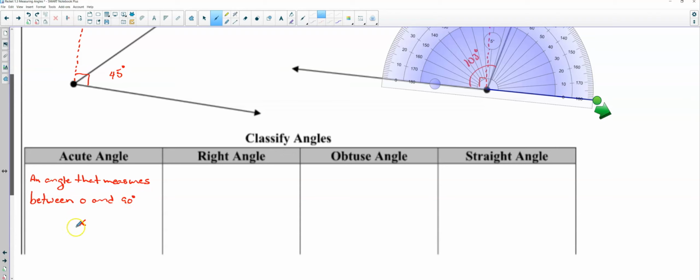So X, the angle X, right? Whatever the measurement of that angle is, say the measurement is X, is between 0 and 90 degrees.